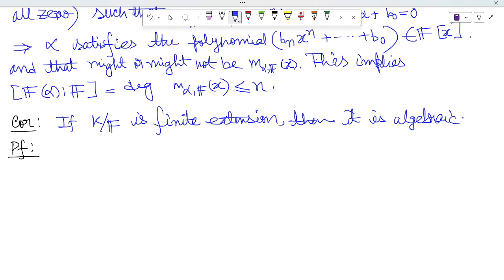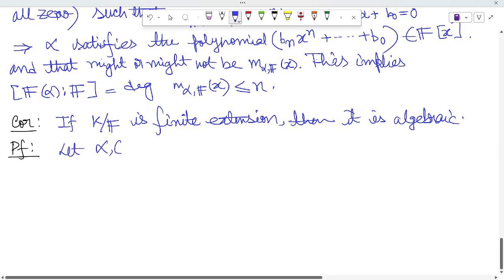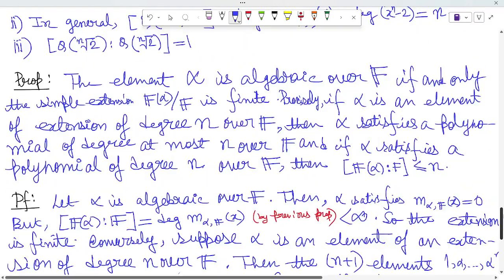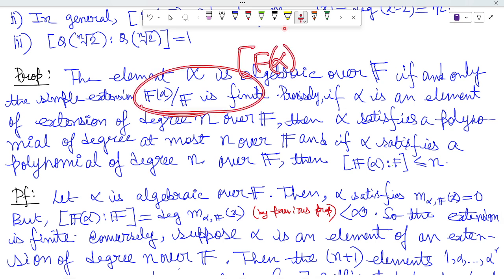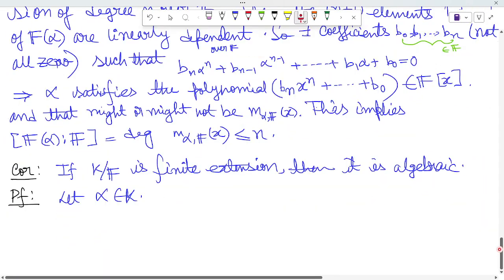Algebraic means every element alpha belonging to K has a minimal polynomial which alpha satisfies. So I can also use this theorem: alpha is algebraic if and only if the extension is finite. I need to show that K over F is less than infinity. I will use this.